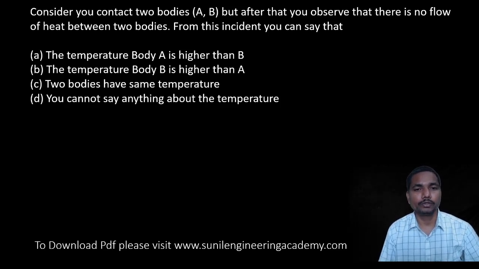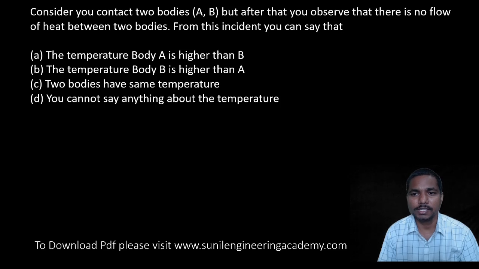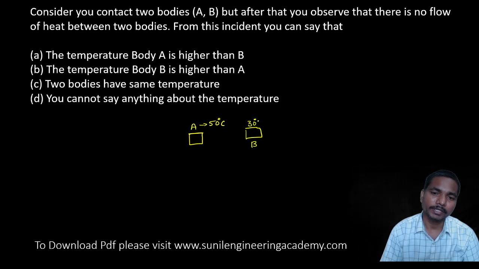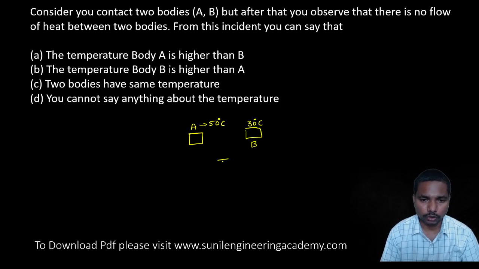Consider you contact two bodies A, B, but after that you observe that there is no flow of heat between the two bodies. From these incidents, you can say that dash. For example, if the body A is at 50 degrees and body B is at 30 degrees centigrade, whenever those two are in contact, heat transfer takes place from 50 to 30.